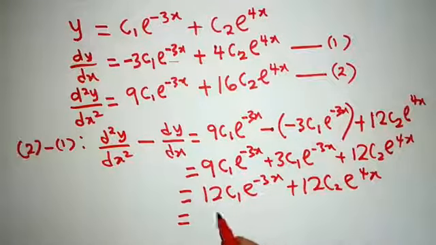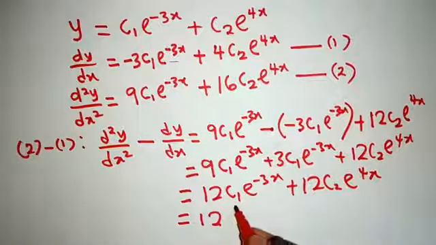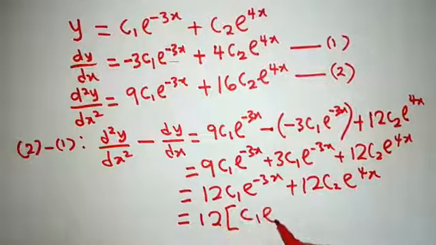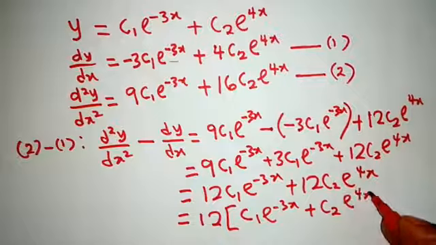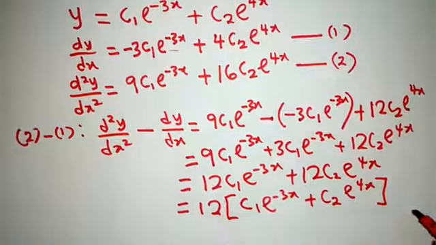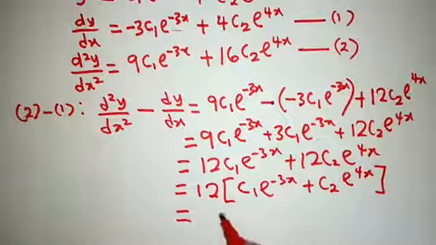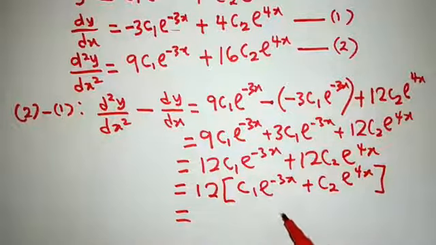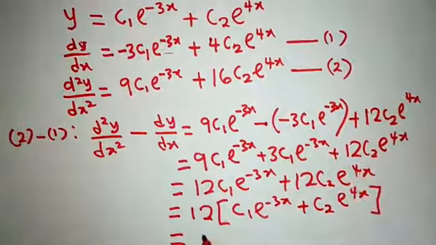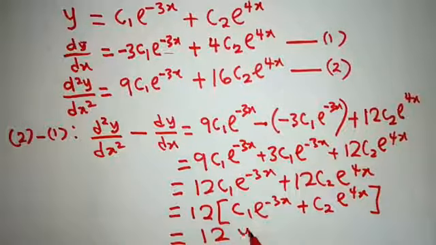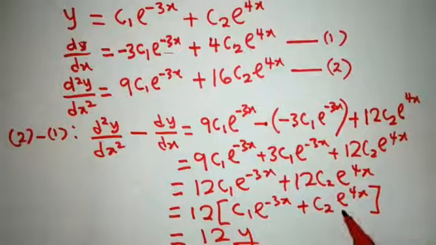And then we can factorize this as 12 times c1 e to the minus 3x plus c2 e to the 4x equals, now if you look carefully, the terms here are the same as y. So we have 12y. This expression here equals y.